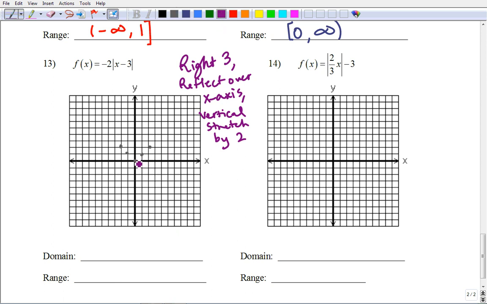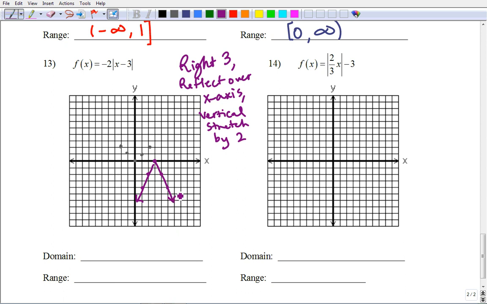So I'm going to take each point, go to the right 3, reflect over the x, and multiply the y value by 2. So the vertex is right here. To the right, 1, 2, 3, reflect over the x times the y value by 2, and we're there. And then this one, if I go to the right, 1, 2, 3, reflect over the x times 2, then you can see the shape of what the absolute value function will look like.